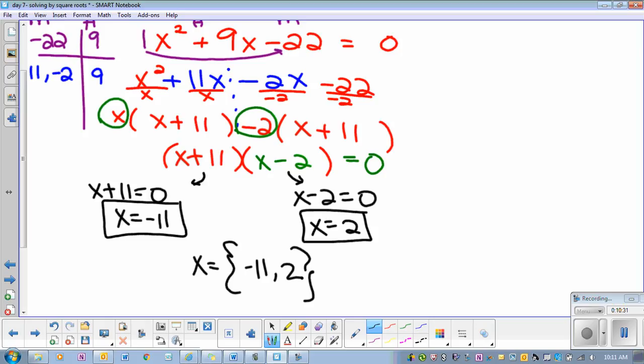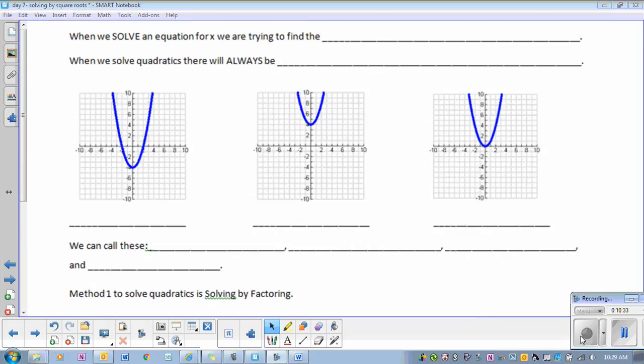All right. So today we're going to talk about another method that we can use to solve quadratics. When we solve an equation for x, basically what we're trying to do is find the x-intercepts.